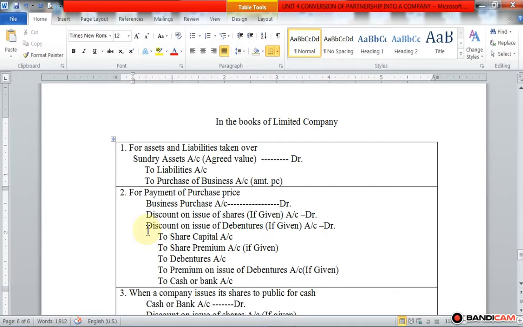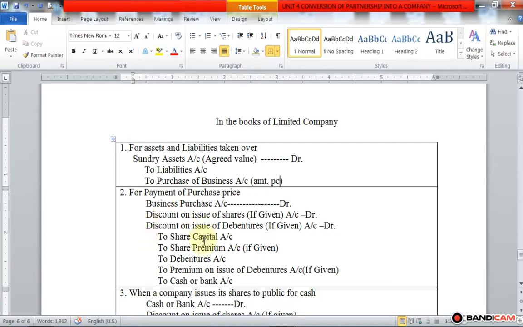So don't be confused in this entry. The limited company has purchased the business of the partnership firm, so the entry will be Business Purchase Account debit, because the limited company has taken over the business of the partnership firm. Business Purchase Account debit, amount of purchase consideration.